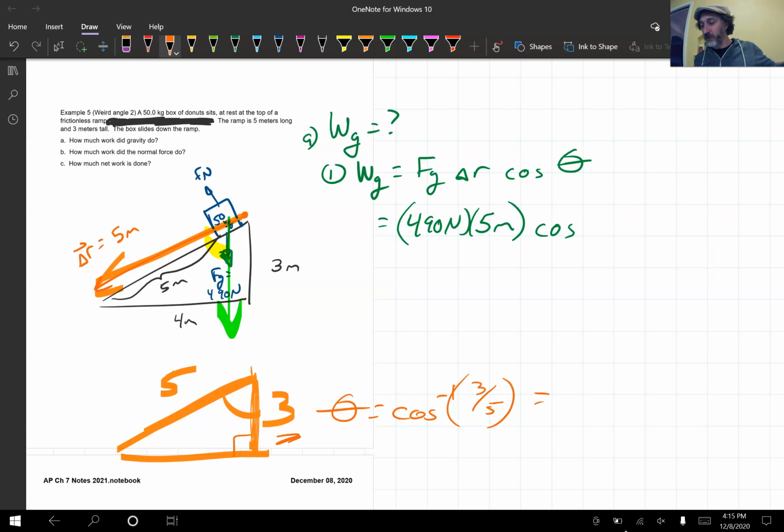That gives you 53.13 degrees, and that is the angle that I want to put up here.